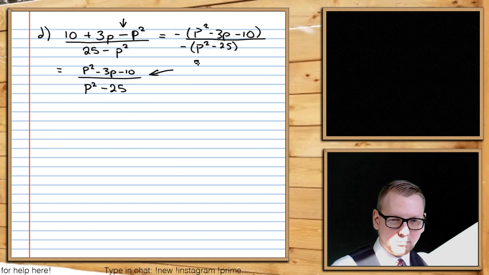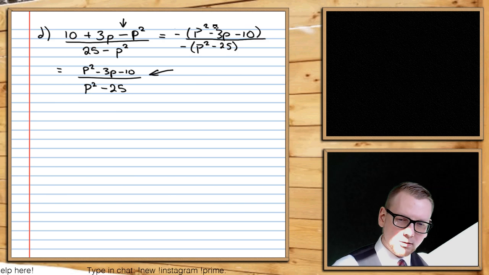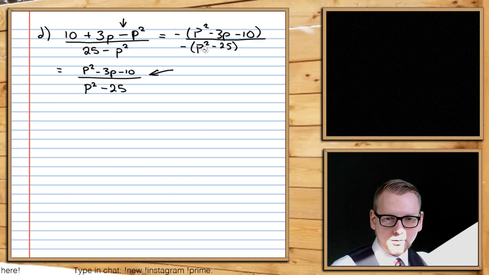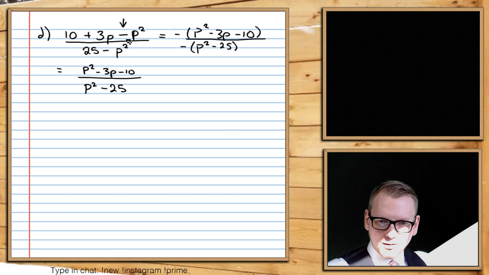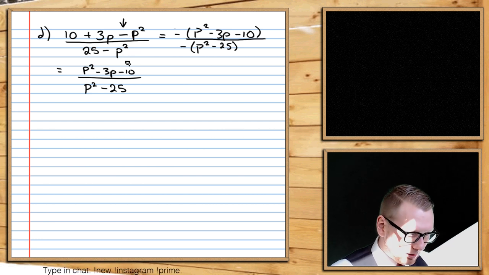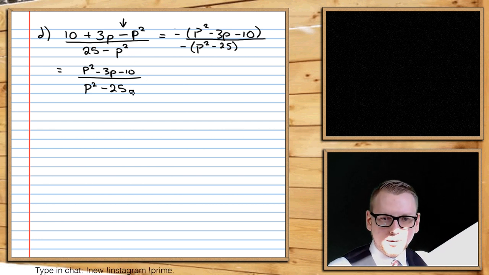I didn't really work backwards or anything like that. I just didn't like the minus signs, so I took them out, and so it was easier to work with and rearrange. Because now you don't have to worry about that minus sign on the p squared, and you can just factor it normally.